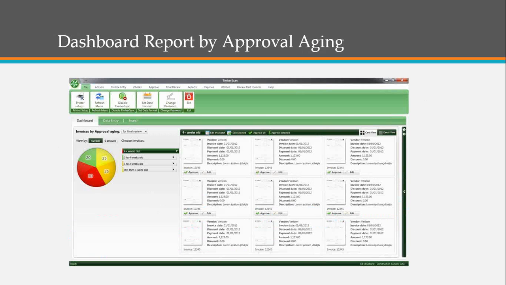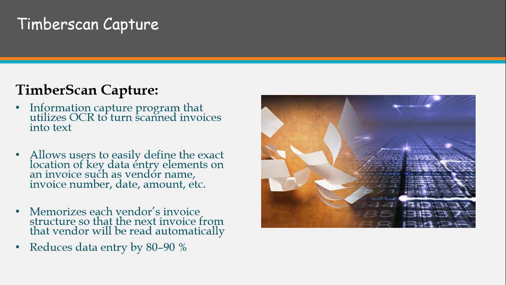Now, I mentioned that there were 3 major components, the second being TimberScan Capture. TimberScan Capture is an add-on to the base AP routing and approval system. It's optional. You don't have to acquire this and implement this if you don't want, but if you do, TimberScan Capture allows you to use optical character recognition to take your vendor invoices and create a template.